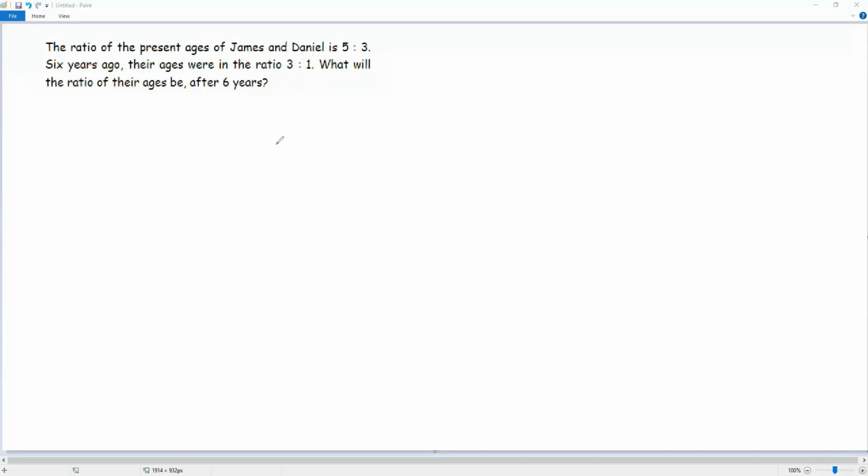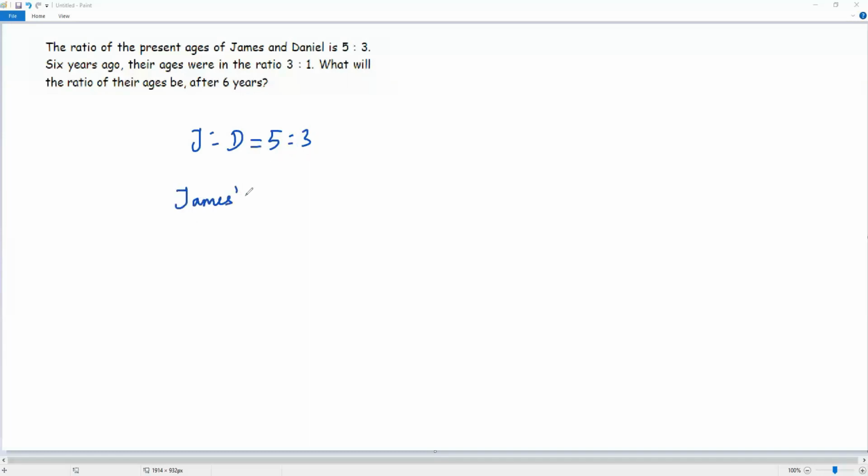Okay, now we have the ratio of the ages of James and Daniel, that is 5 to 3. Here 5 refers to the age of James and 3 refers to the age of Daniel. From this ratio, if I want to get the ages of James and Daniel, I need to multiply the terms of the ratio by the same non-zero number, say x.